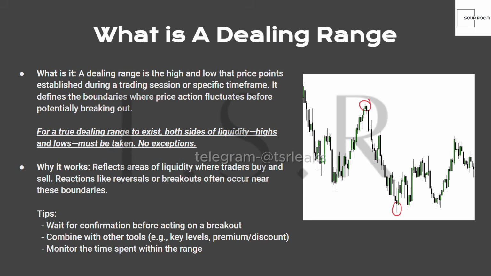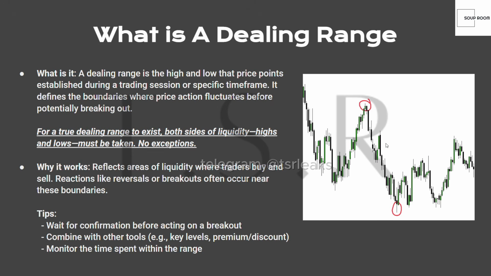A dealing range is the high and low that price points established during a trading session or a specific time frame. It defines the boundaries where price action fluctuates before potentially breaking out. So what does this paragraph actually mean? First off, a dealing range is the high and low. We have the high and low that price points established during a trading session or a specific time frame.